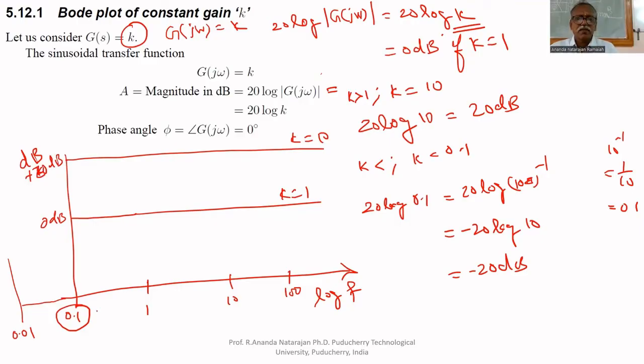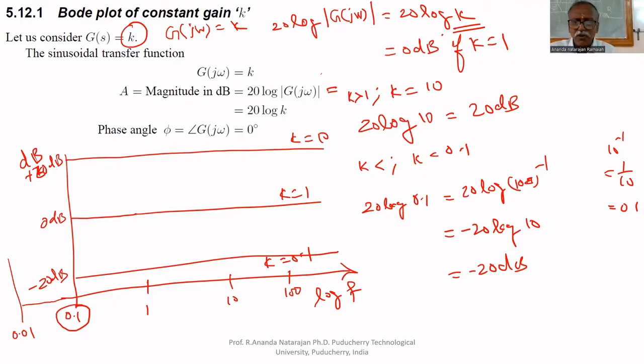For k equal to 0.1, you will get minus 20 dB. A horizontal line you will get. So this is the plot for k.